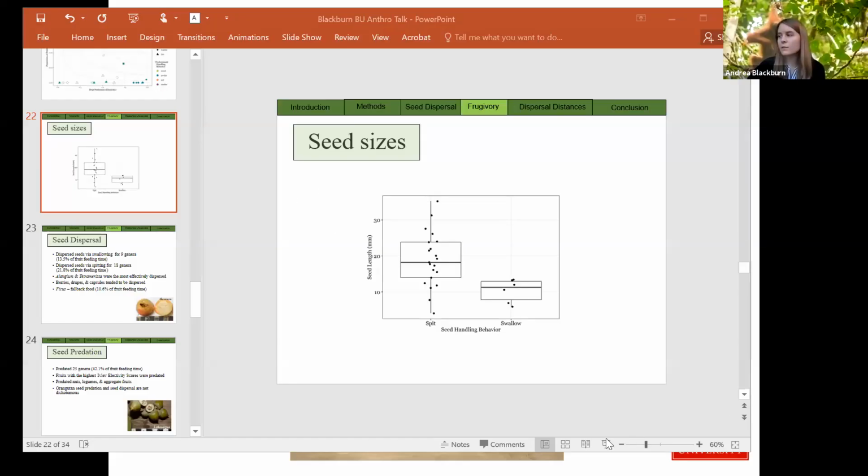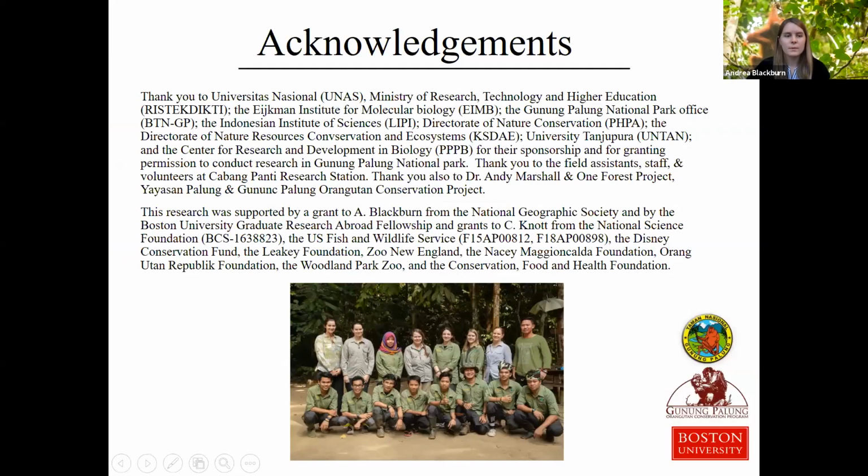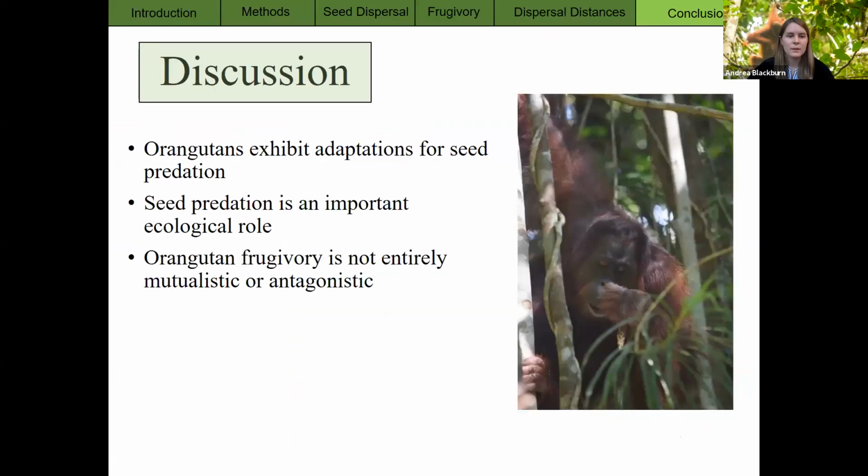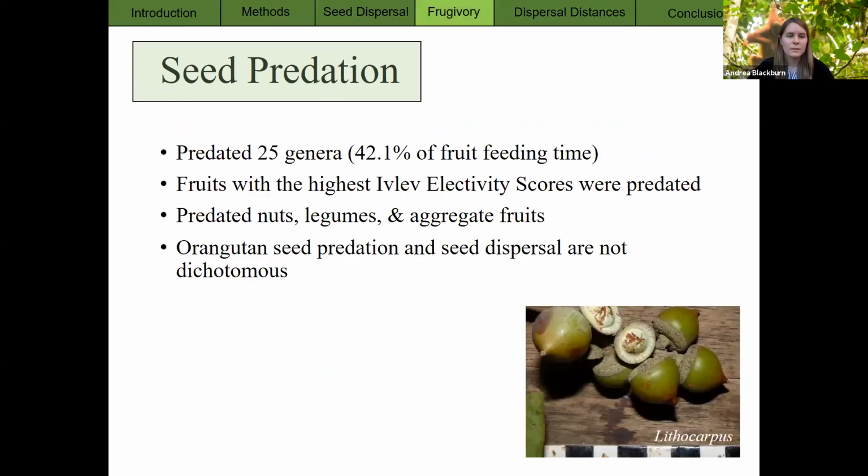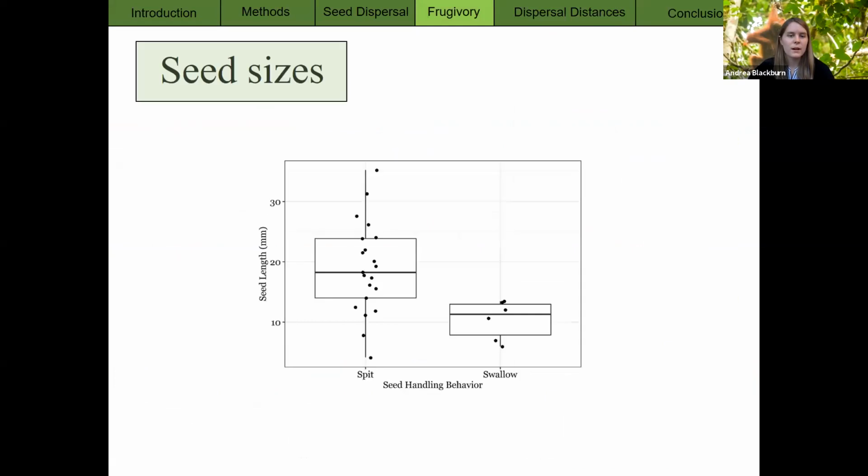There hasn't been as much research on hardness of seed. Definitely seed size is a factor. I can show you one more slide here. Okay, so I did look at seed size.